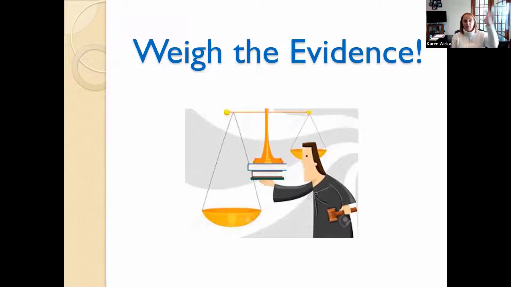So we have the prosecutors on one side and the defense on the other, and they both present evidence, and then the jury or the judge weighs that evidence, and then hopefully we reach the truth. Okay, so that's what we do in this country. We have a trial, all of the evidence is presented, and then the judge or the jury weighs that evidence to help determine what the truth actually is.